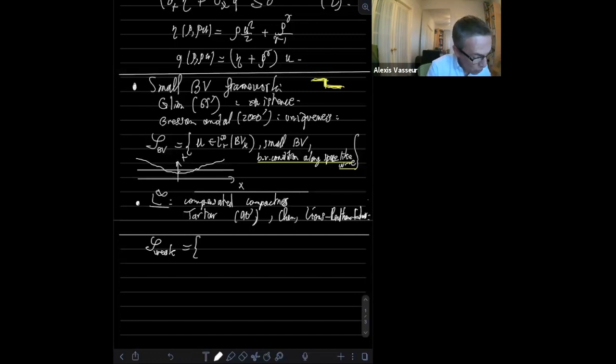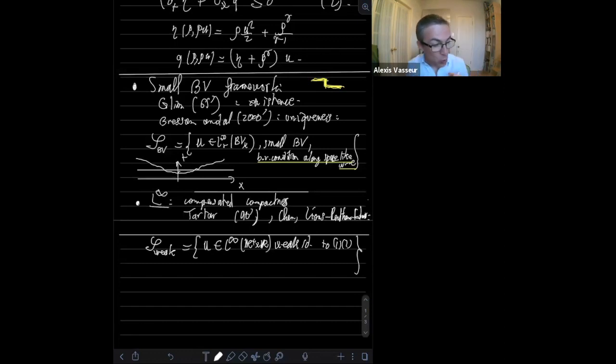This is all solutions, so you consider all u in L infinity of R plus times R, a weak solution to 1, 2, so the equation plus the entropy. And here again, we need a weak condition, weaker than BV, far weaker than BV. This is a strong trace property.